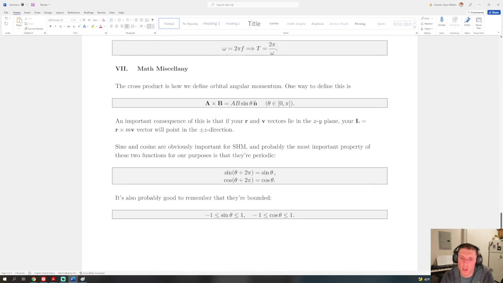So I want to talk just about cross products for a little bit because we have, right, that the orbital angular momentum is defined via a cross product, right? And so just to remind you what a cross product is, between two arbitrary vectors, A cross B is AB sine theta n hat, right, where theta is the angle between them. We choose the angle between 0 and 180 degrees, right, because there are obviously two ways we could go from one vector to the other in a sort of circular sense.